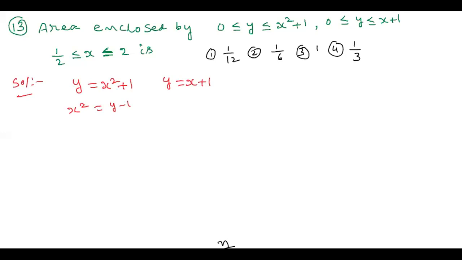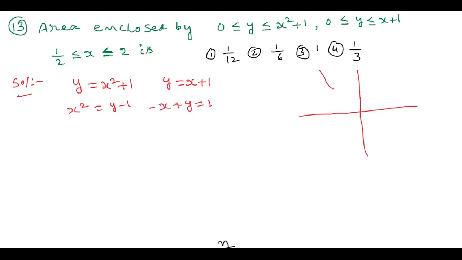Now observe that y is equal to x plus 1 means minus x plus y is equal to 1. Now draw the diagram, then we will understand. This is the y-axis, this is the x-axis.